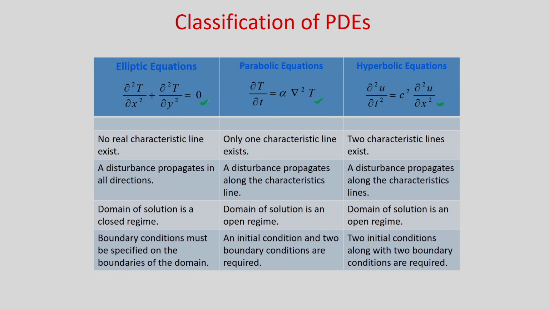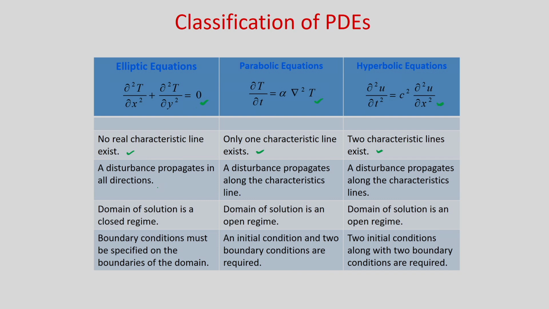For the elliptic equation no real characteristic line exists, because we got imaginary characteristics. For the parabolic equation only one characteristic line exists, dt by dx is 0, and for the hyperbolic equation two characteristic lines exist, dt by dx equal to plus minus 1 by c.